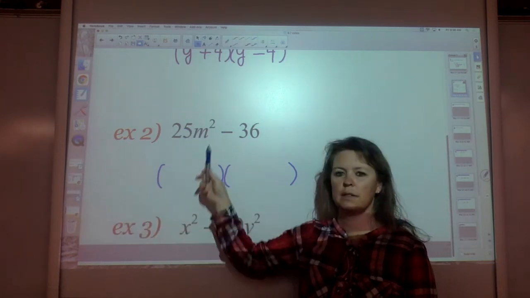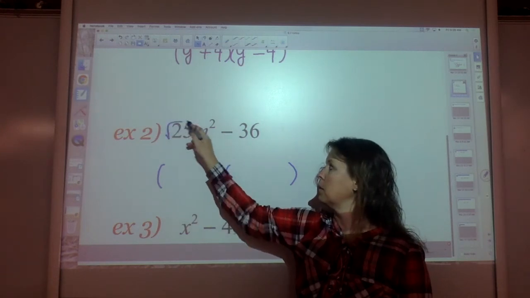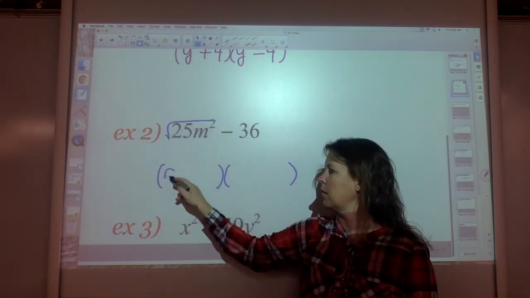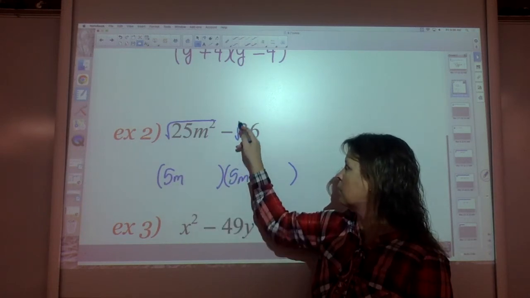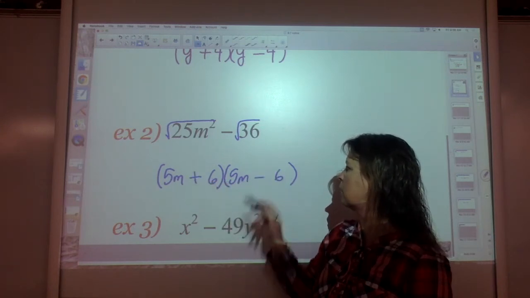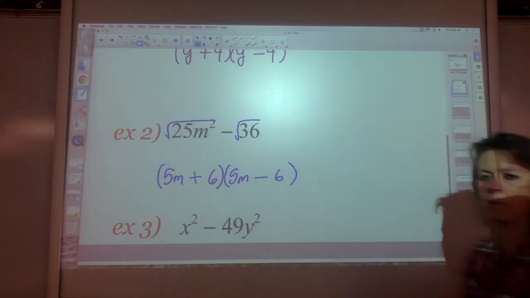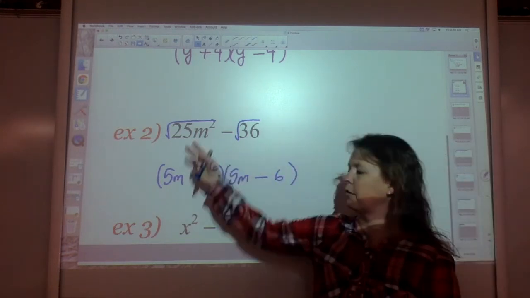And we can use 36, but we can't use 37. That wouldn't work. So we're going to square root 25m squared and make it 5m and 5m. We're going to square root 36 and make it 6 and 6. And one will be plus and one will be negative. Difference of two squares. The squares are the perfect squares.